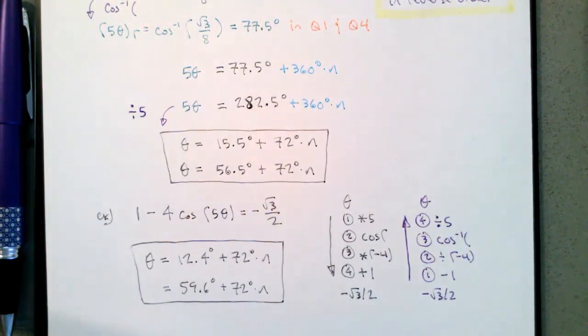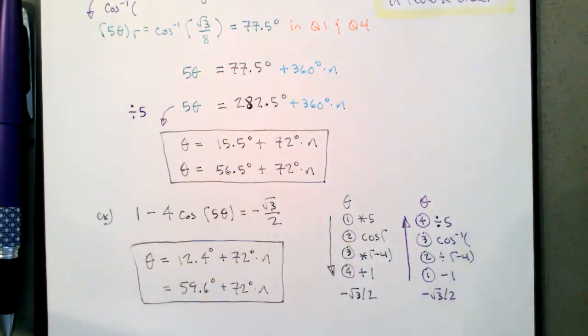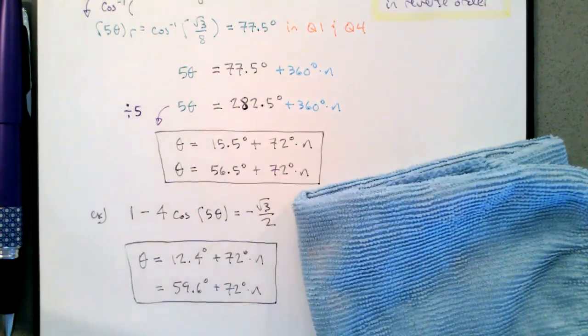The place that you want to be as far as knowing how to do this is to look at the equation, read it, come up with your plan, and write down the solutions. So this is what you need to write down. The reason that we do math classes is to get to the point where we don't have to do all the math, where we don't have to write down all the stuff in the middle.